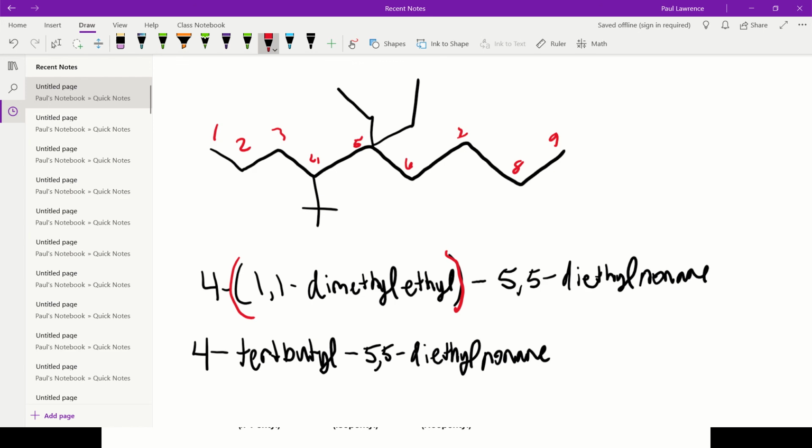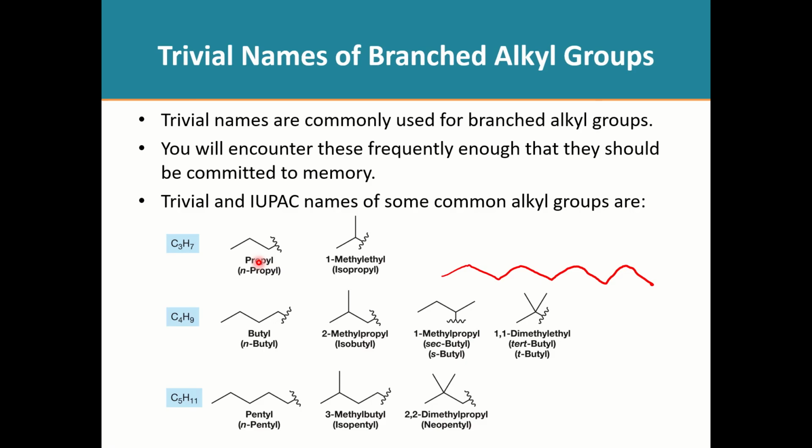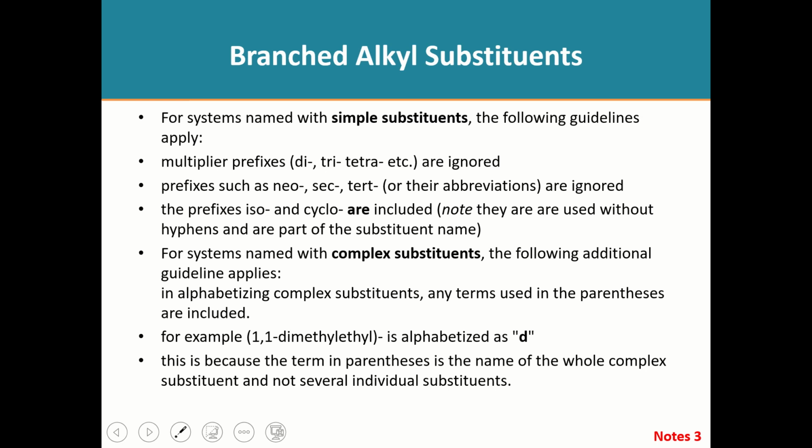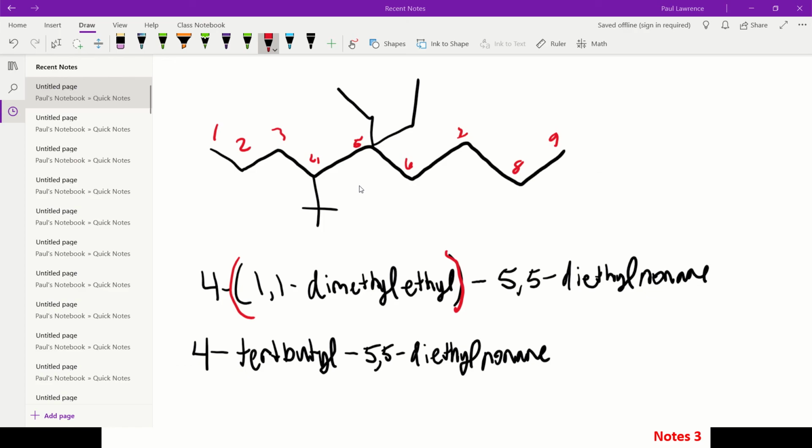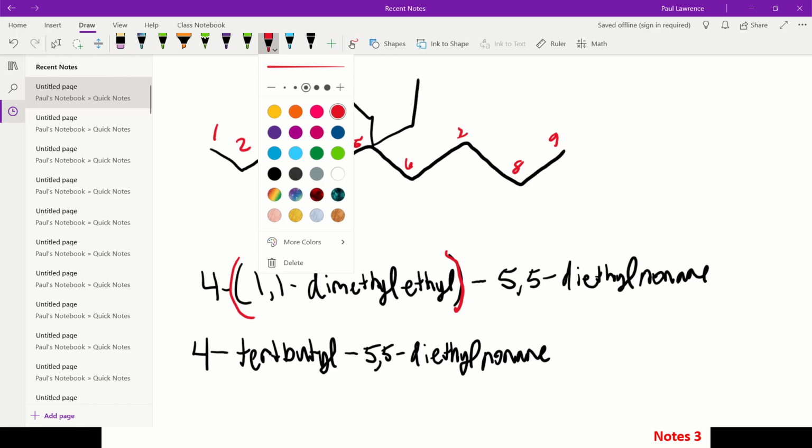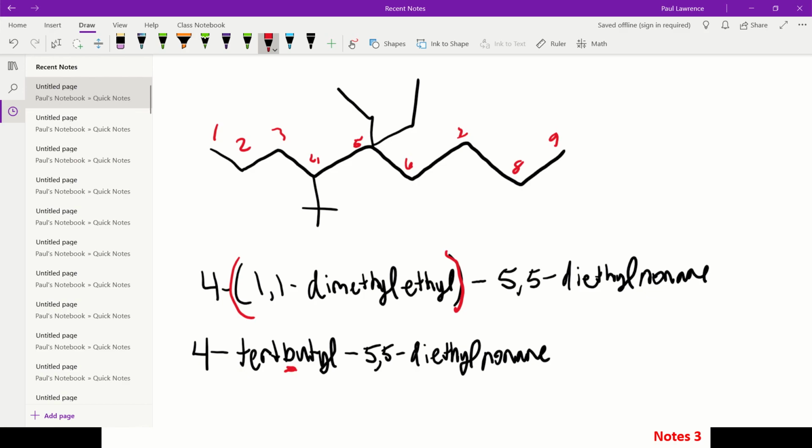Well, if we go back to these rules right here, it says the tert is ignored when you're alphabetizing things. So we see here we are looking at the B compared to the E. And B comes before E. That's why we put the tert-butyl first.